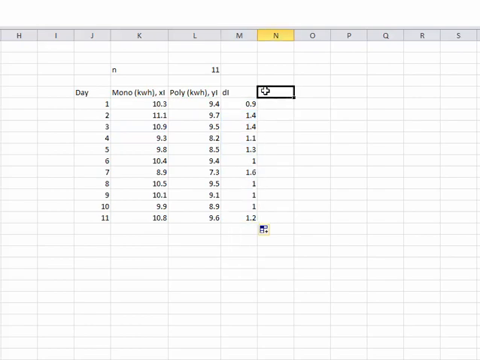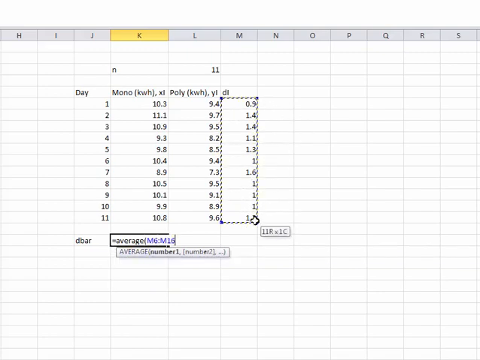And then we're going to compute our d bar and then our SD. So our d bar, again, is just the average of all of our di's.